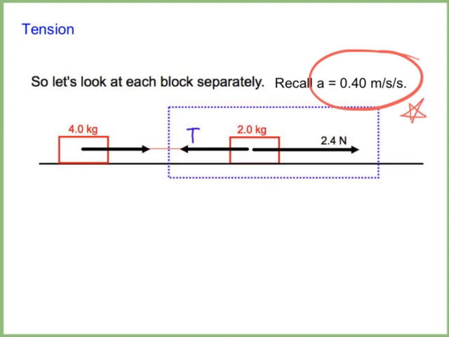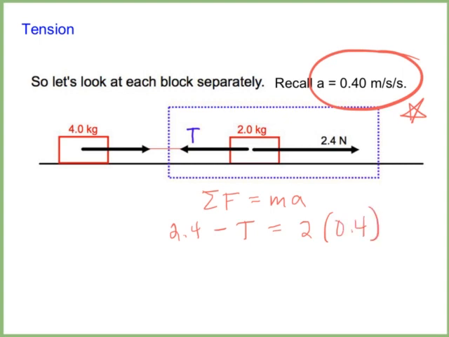And if I just focus in on this 2 kilogram block, going back to Newton's second law, I can say that the forward force is 2.4 and the backward force is this tension T, and that determines just this mass times my acceleration. This is a very key point here.